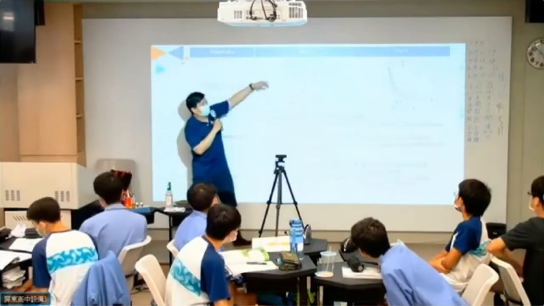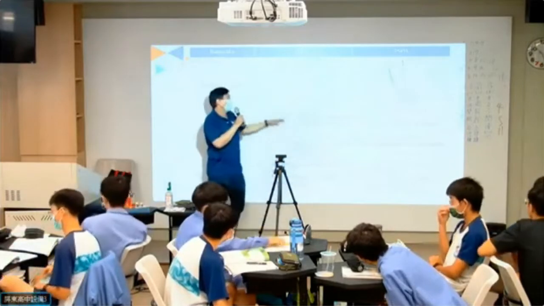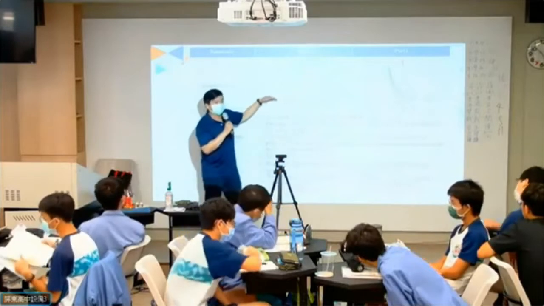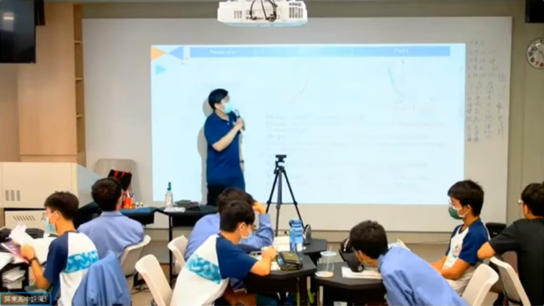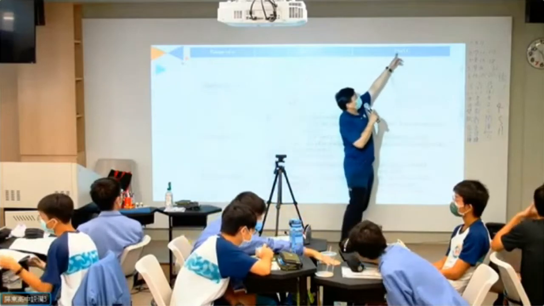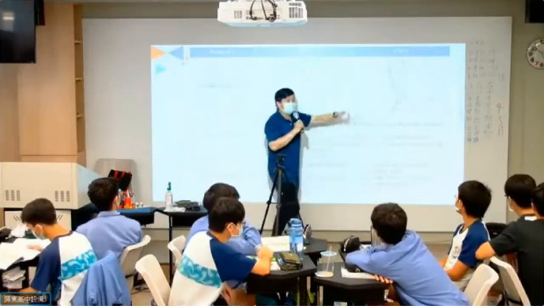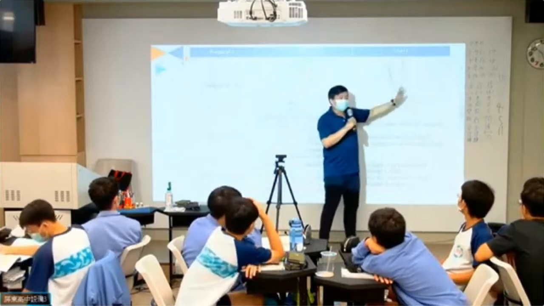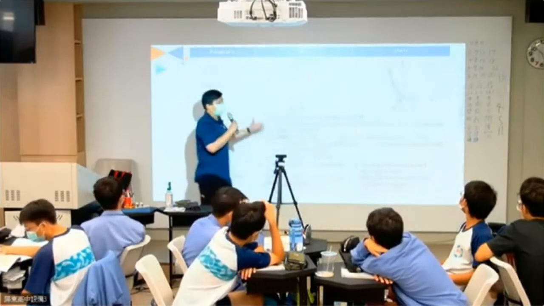If a is greater than 1, we can see the graph of the function goes up from left to right. If a is greater than 0 but smaller than 1, the graph goes down from left to right.